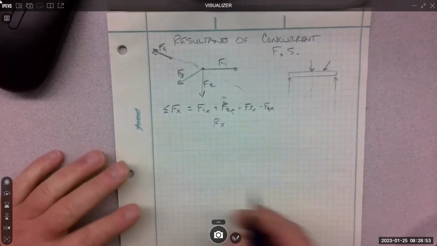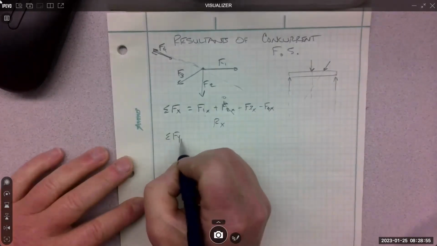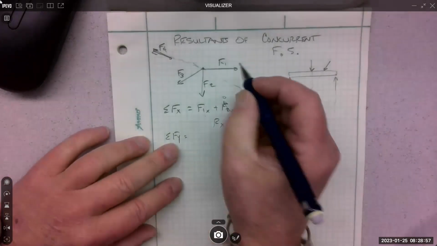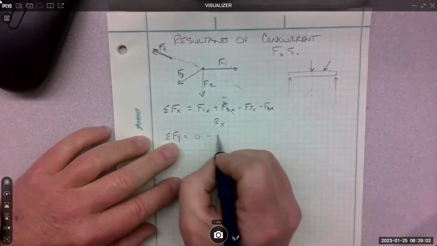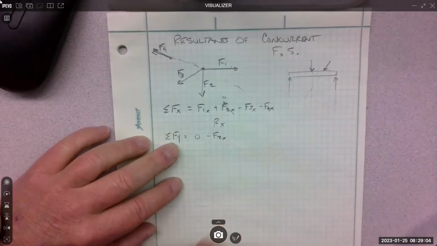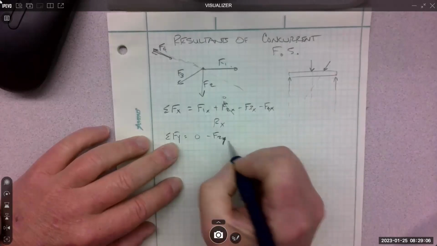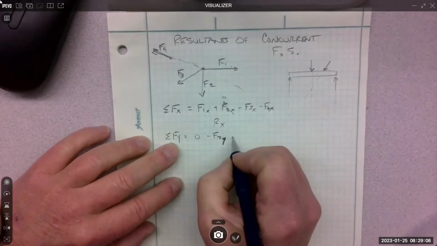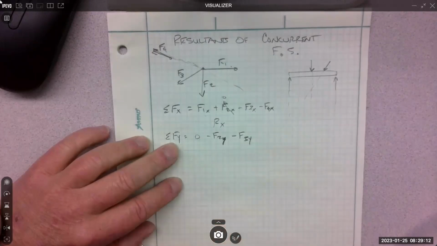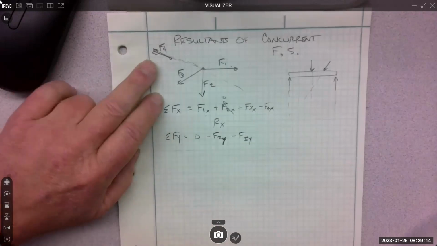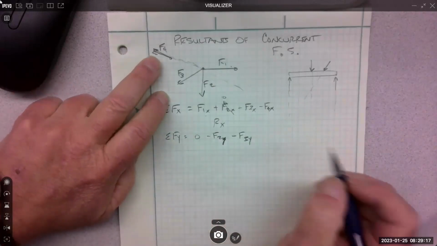Then, of course, we do the same thing: sum the forces in the Y. F1 is actually 0. I'll just write it in. We have a minus F2Y, and a minus F3Y. And then F4 is positive or negative in the Y?